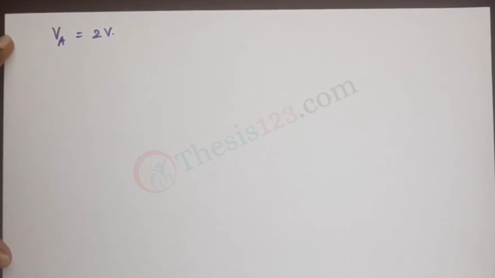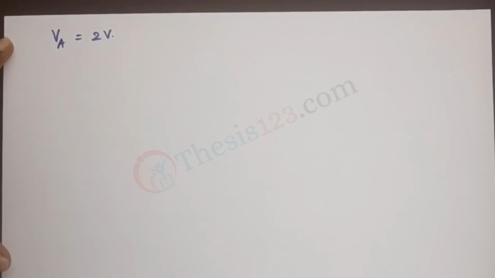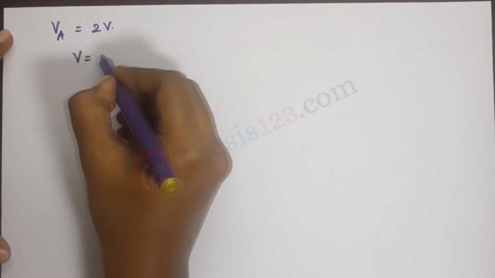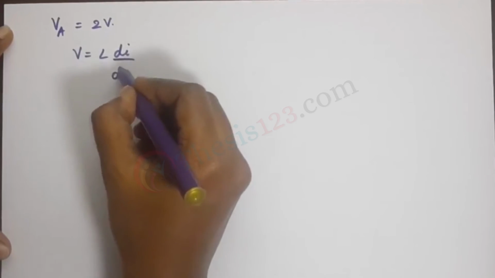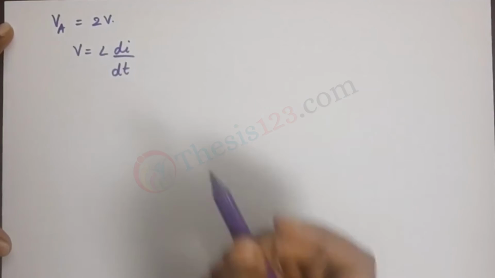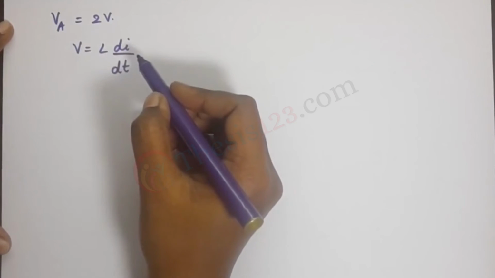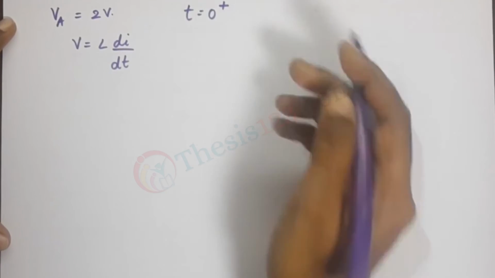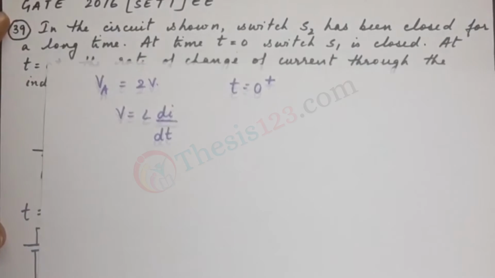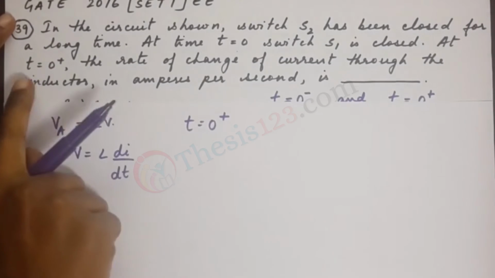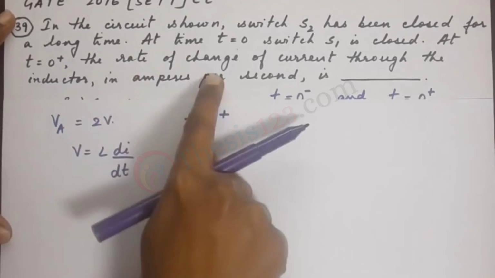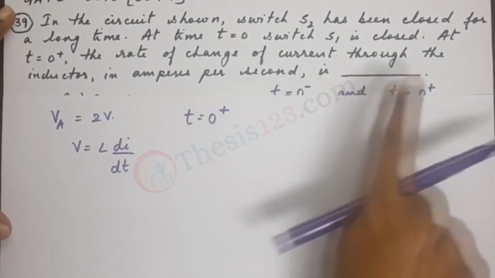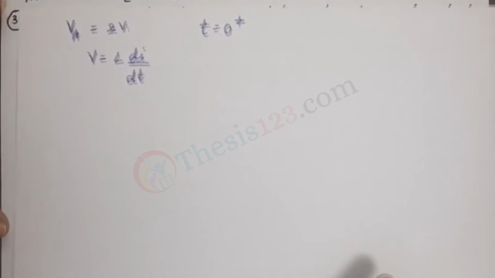Now you have to recall the voltage equation of an inductor. We have V equals L di by dt. I'm sure you're very familiar with this. Now we are considering the instant t equals 0 plus, because that's the instant the question is asking us to find: the rate of change of current, that is di by dt, through the inductor.